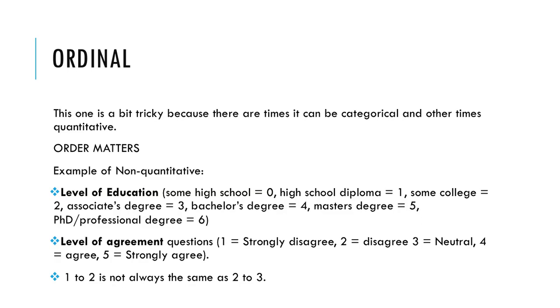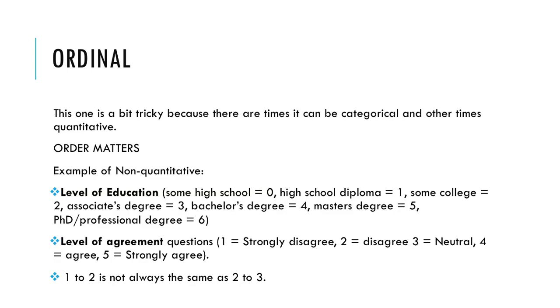Sometimes you'll see strongly agree first as number 1, and then it slowly moves up to strongly disagree, but that specific part doesn't matter as long as you're consistent. Just know they have to stay in this order because it doesn't make conceptual sense to put them any other way.